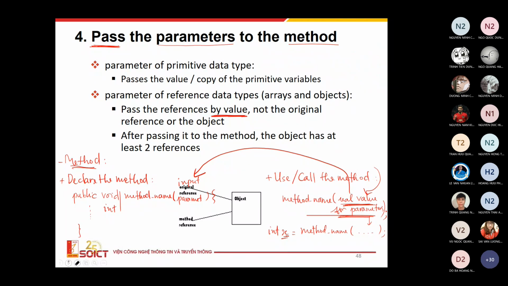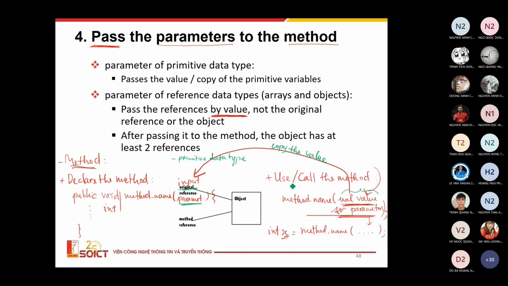If the input parameter here for the declaration is a primitive data type, then when we pass the real value to this input parameter, they will copy the value.